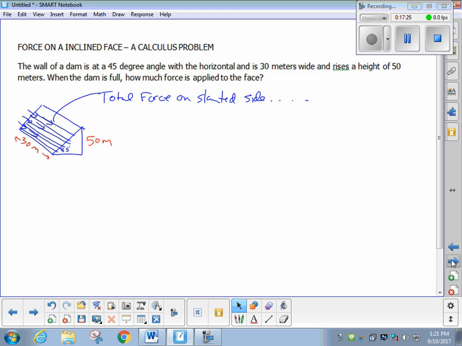That's true. Okay, that makes more sense. You should get a really large number in the dam. Okay, so this is like the actual dam.